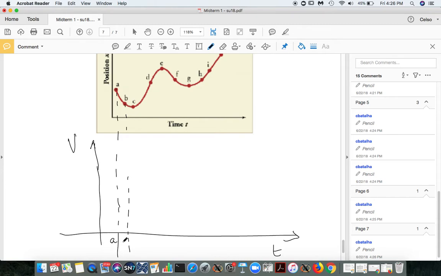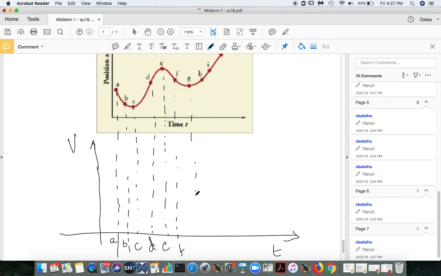So A, B, C, D, and E, F, so on and so on, right?